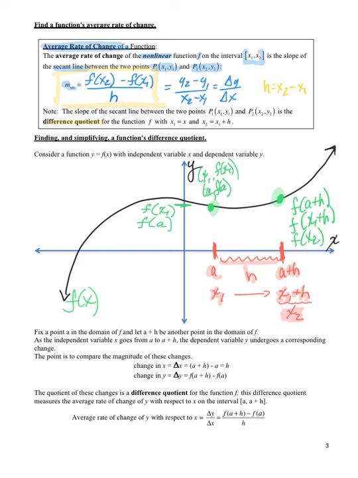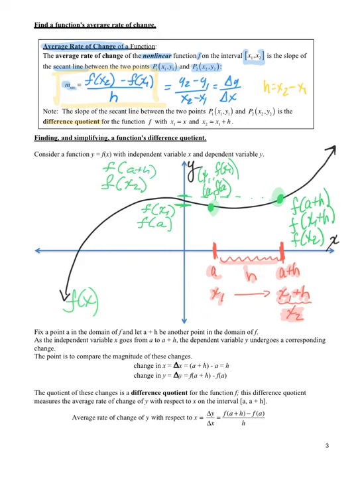All those things mean the same thing. Now, this is the second y value, the function evaluated at x2, or the function evaluated at a plus h. It doesn't matter how you write it.